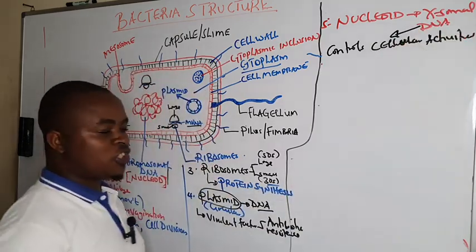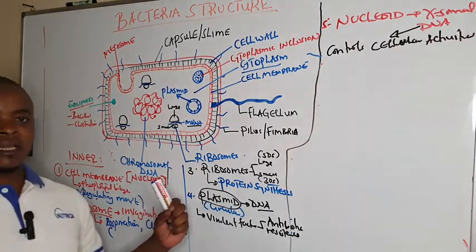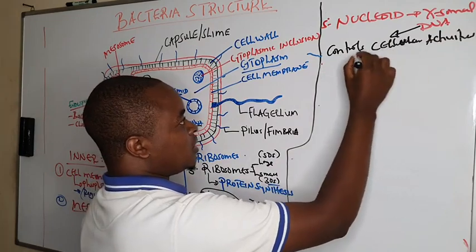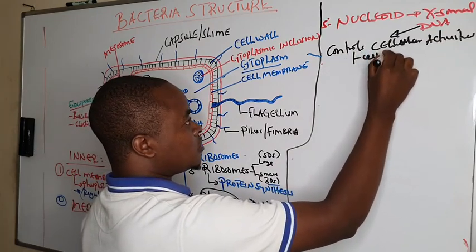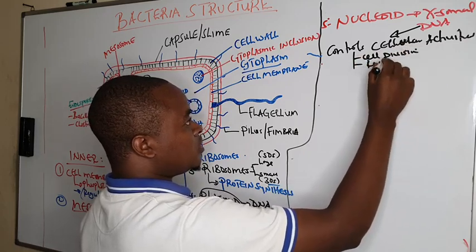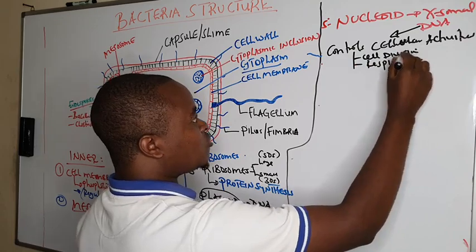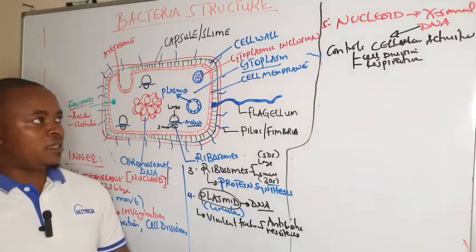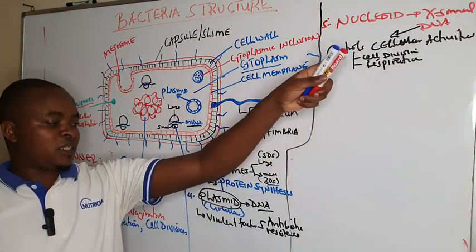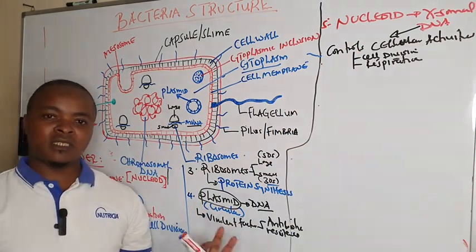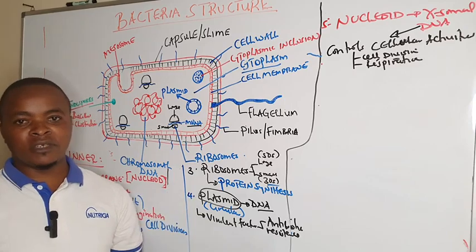Activities like cell division and respiration are all controlled by the chromosomal DNA, which is different and distinct from the one found in the plasmid, because the plasmid is the one that confers virulence factors.